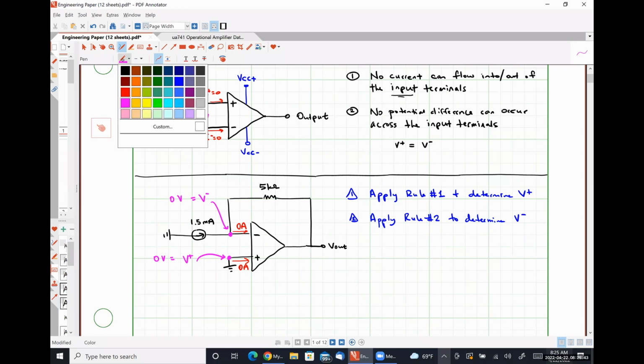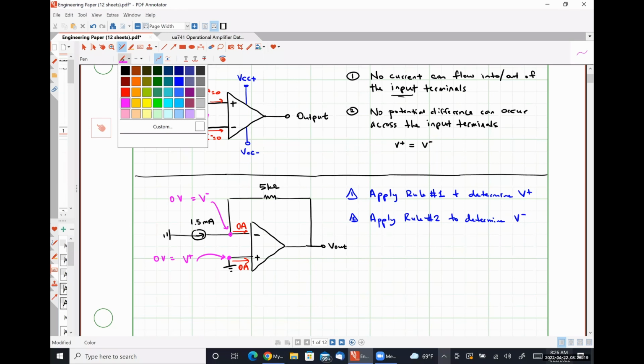Now there are effectively 2 different step 3s in analyzing these circuits, and it depends on what we have in the feedback position. If we have a voltage source in that feedback path, we're going to apply Kirchhoff's voltage law to determine V out. And if we have literally anything else, we are going to apply Kirchhoff's current law to determine the output voltage.